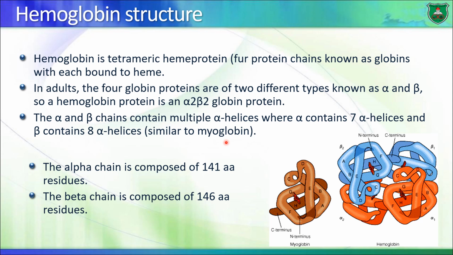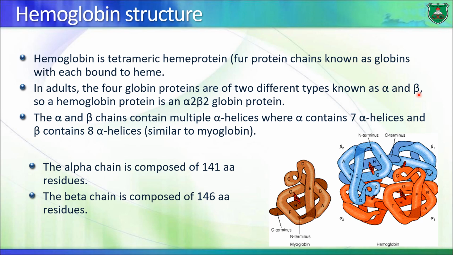So myoglobin is a monomeric protein, but hemoglobin is a tetrameric protein because it is composed of 4 polypeptide chains bound to each other. Okay? Now, the other thing is that the 4 chains belong to 2 types, and these are known as the alpha globin chain and the beta globin chain, or polypeptide.